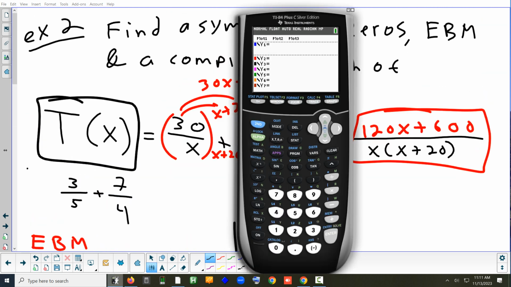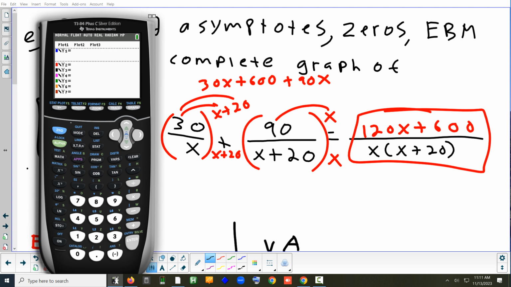I'm going to type in the combined one because that's going to be fewer parentheses I have to deal with. So I'm going to do 120x plus 600. And I'm going to distribute the bottom so I don't have to do an extra set there either. So I'm going to do x squared plus 20x.